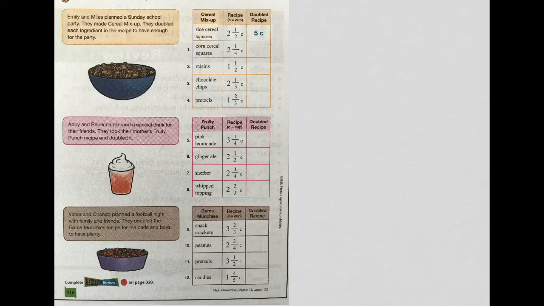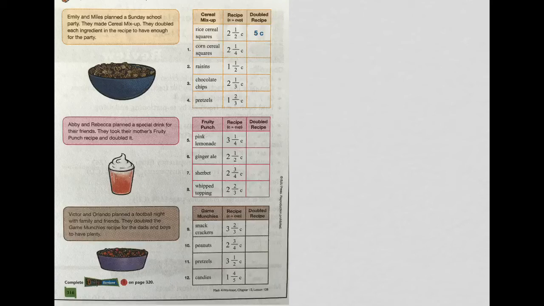Now, these are recipes that you can actually make. They're real recipes. This first one is a cereal mix-up. And if you were to create it using these ingredients and these amounts, you would make exactly what the recipe says.